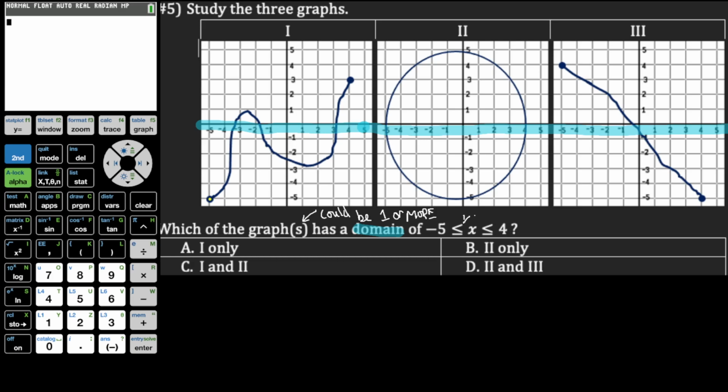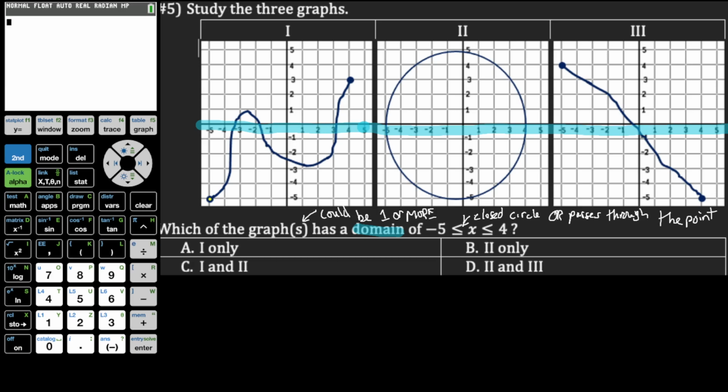That means we have a closed circle, or it passes through the point. Okay. Again, talking about domains, so we're working with those x values.